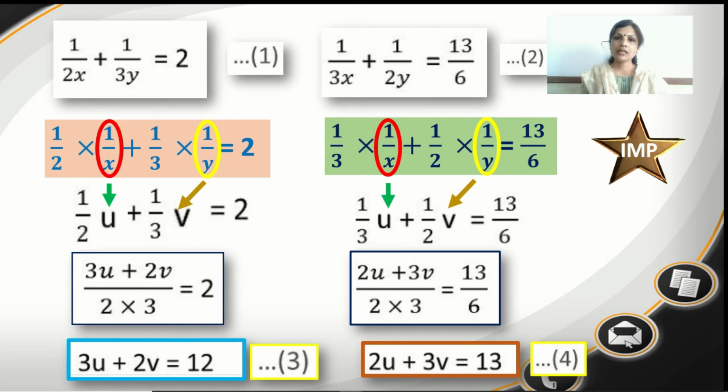So children, you can just see equations 1 and 2, where the variable was at the denominator. We have simplified it and converted equation 1 into equation 3 and equation 2 into equation 4. If you look at equations 3 and 4, they are in proper standard form of pair of linear equations in two variables. Now solving this is very easy.